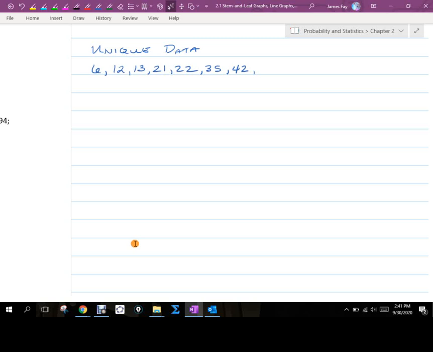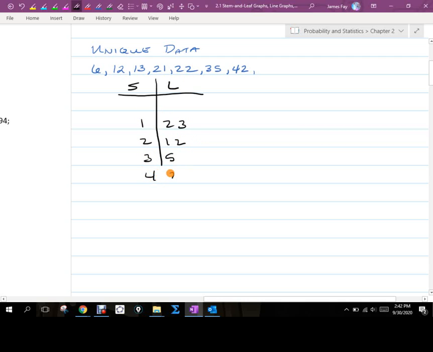Okay, so here's a unique set of data. You guys don't have to write this down. I just want you to see this because it is something that people struggle with sometimes. If I've got my stem and leaf, so there's my stem, there's my leaf. I'm going to do the 12, the 13, the 21. So if I go 12 and 13, I go 21 and 22, and we got 35 and 42, right?